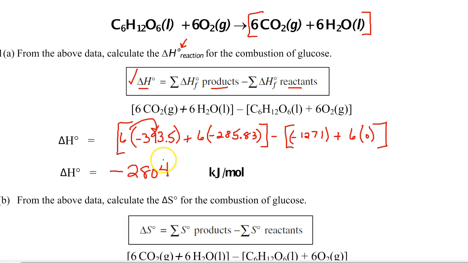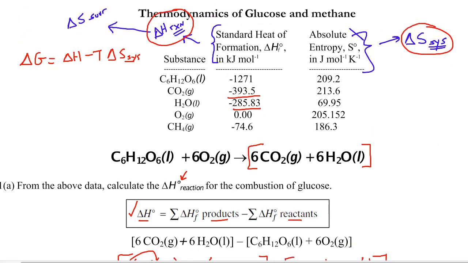I'm not worried about sig figs here. Obviously, if we're going to round to sig figs, we'd go to the least significant number, and in this case we would go to 3, even though that's a 0 there. Okay, and so no worries, kilojoules per mole, because this table is based on kilojoules.